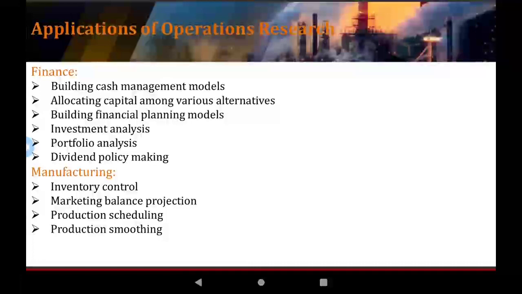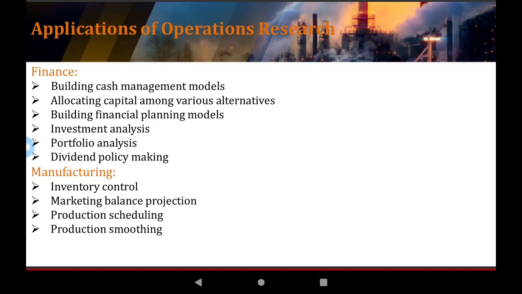Some cash is needed for your plant, making your plant, and you need 4 lakh, 10 lakhs and 50 lakhs in cash. And finance is also for building cash models. You need some cash and non-cash, okay.